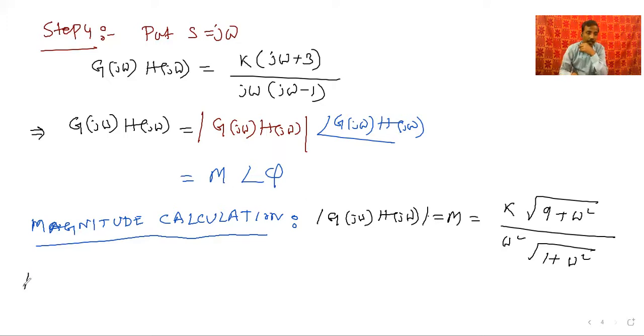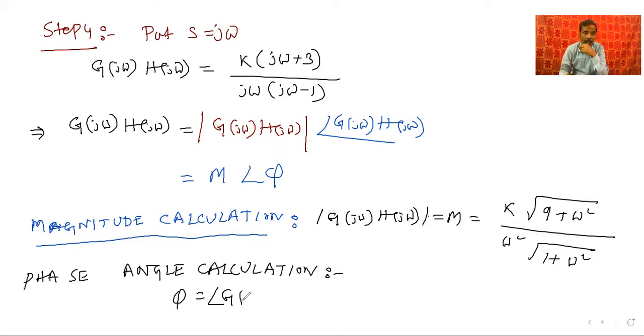Then phase angle calculation. Phi equals phase angle of G(j omega)H(j omega) equals, for this part, minus 90 degree, minus, for this part, tan inverse B by A, tan inverse omega by -1.